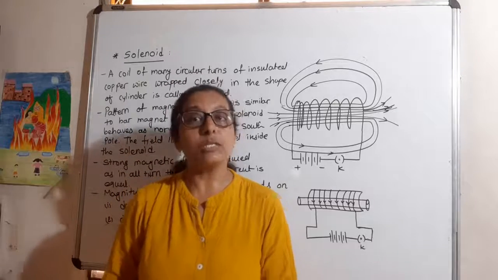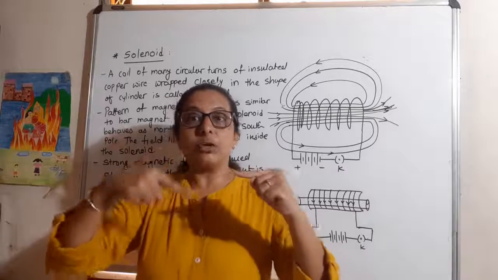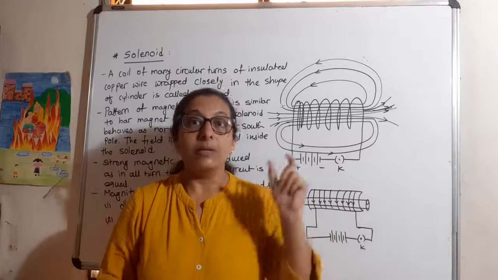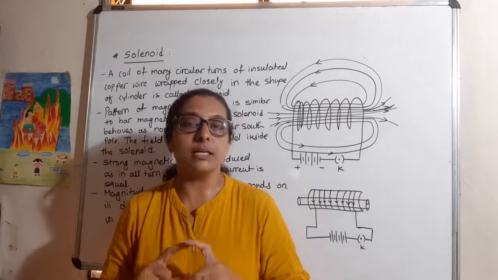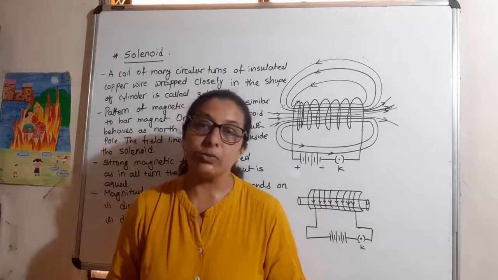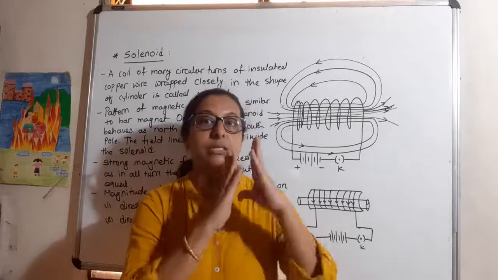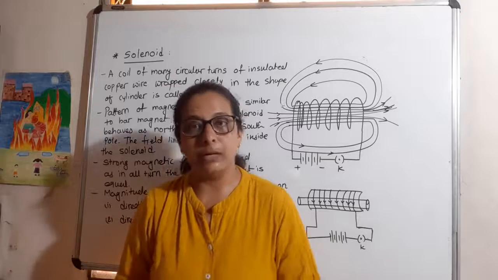To produce a strong electromagnet, n turns of coil are connected to a battery and key. That circuit, that instrument, is called a solenoid. So today we'll see about the solenoid, how it works, what its principle is, what its structure is, and how it produces the stronger magnetic field, right?